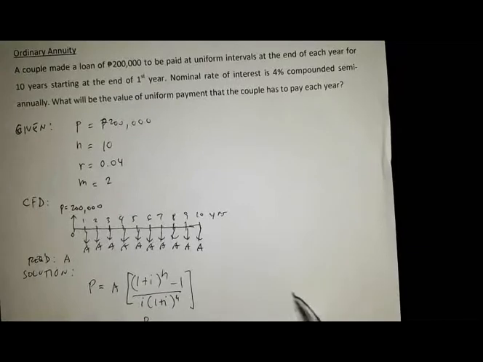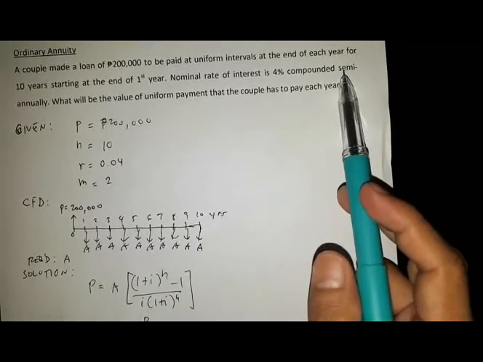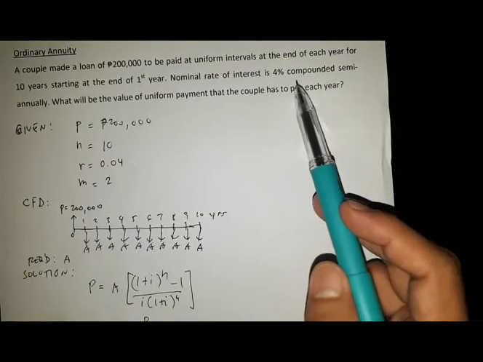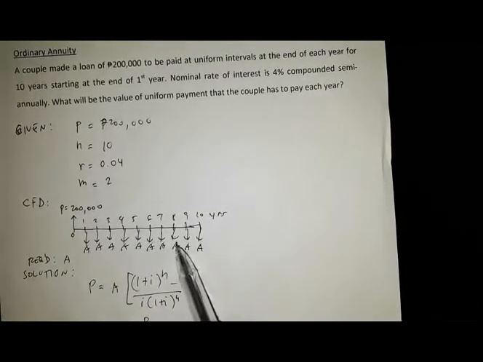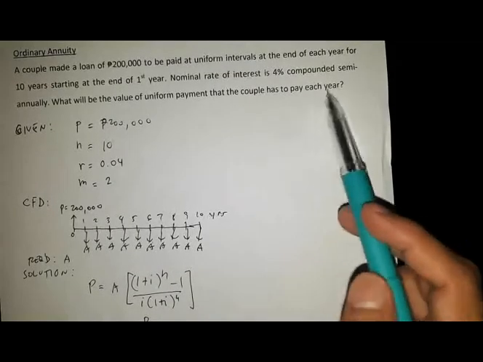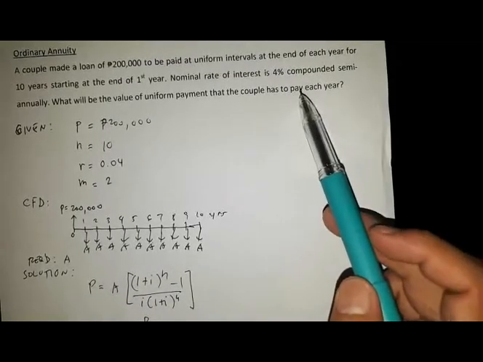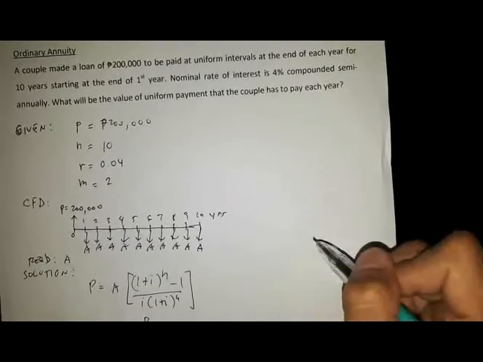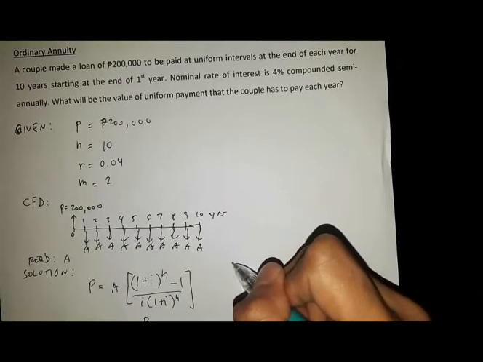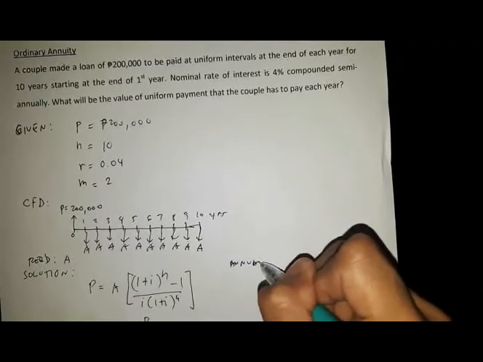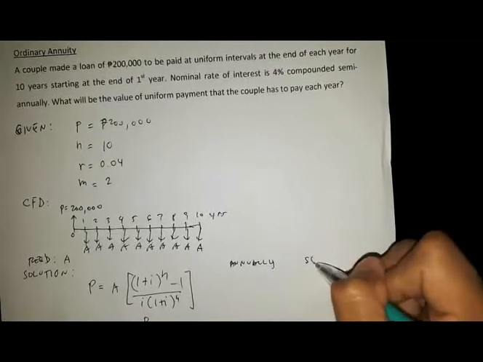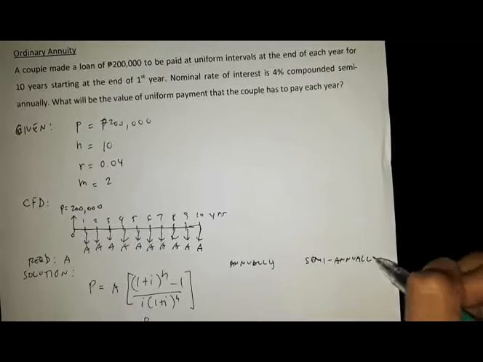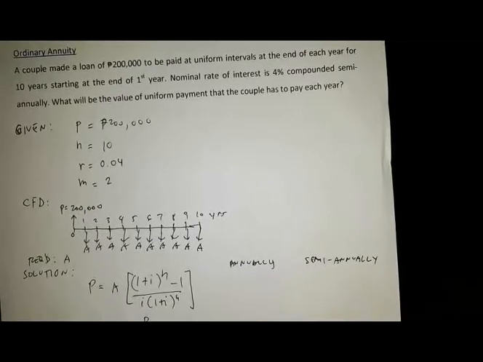So notice that the payment is to be made annually, one payment each year. But the compounding is semi-annually. So we have to equate the effective rate for annually and semi-annually in order to get the equivalent rate of interest.